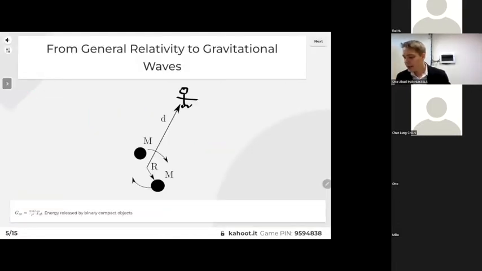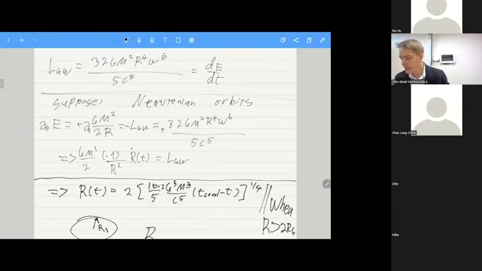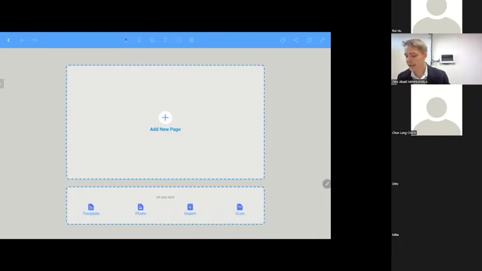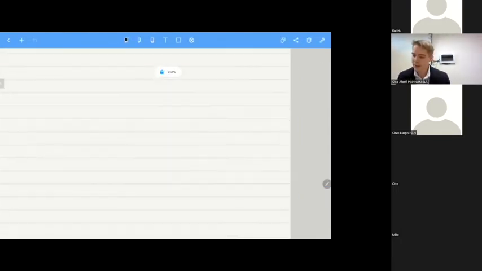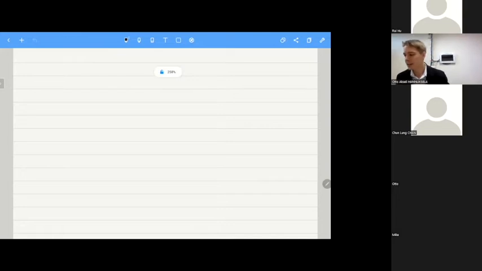Okay, and so we said in the last lecture and here also that gravitational waves carry energy. And I'd like to illustrate how that process happens and explain the basics, not in excruciating detail, of how you get to gravitational wave energy.